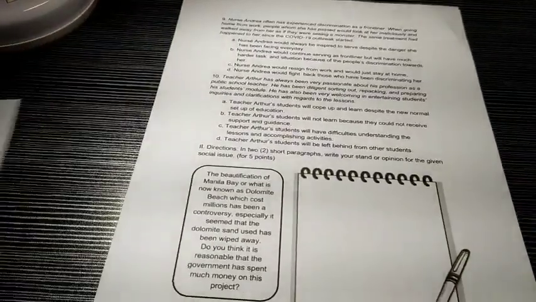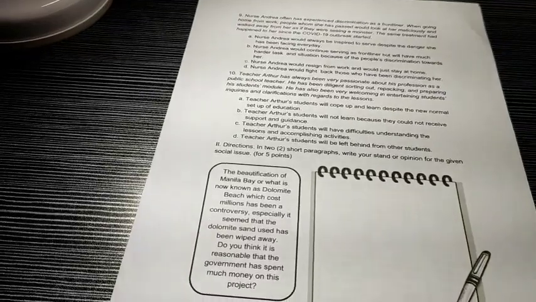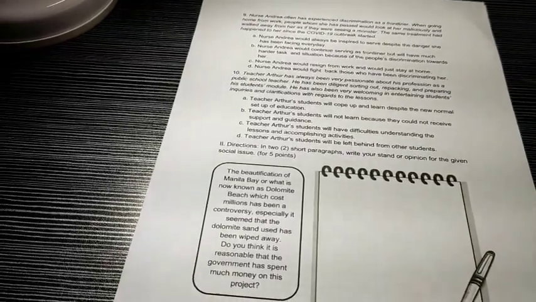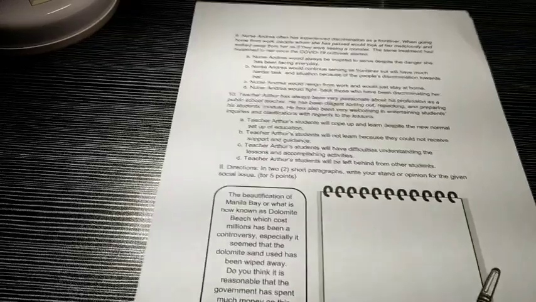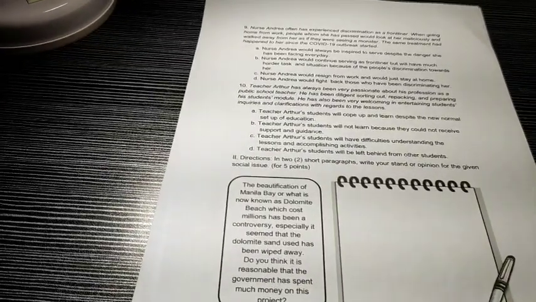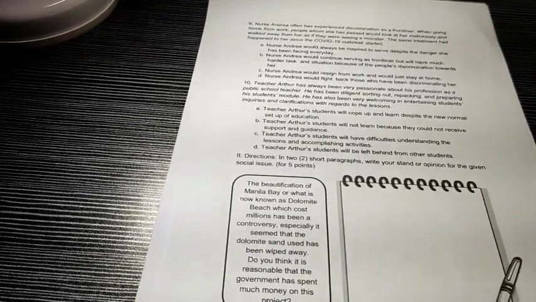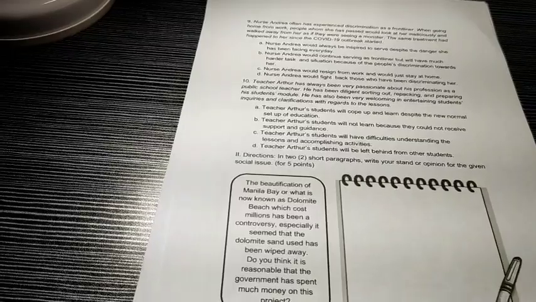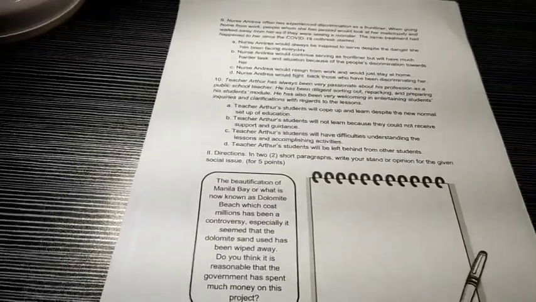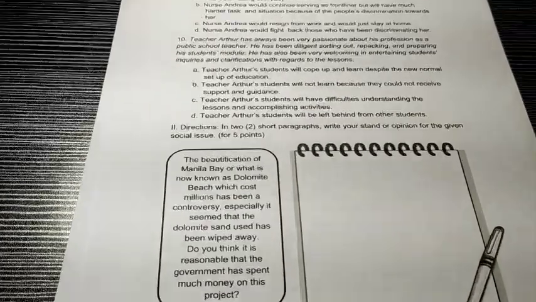So it's 1 to 15, but in 1 to 10, you will just write the correct letter. Then in 11 to 15, in 2 short paragraphs, write your stand or opinion on this given social issue.